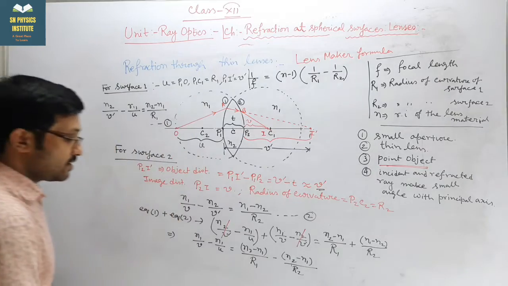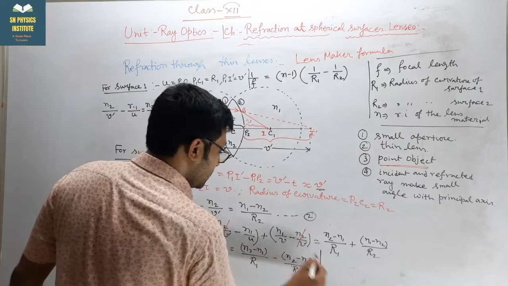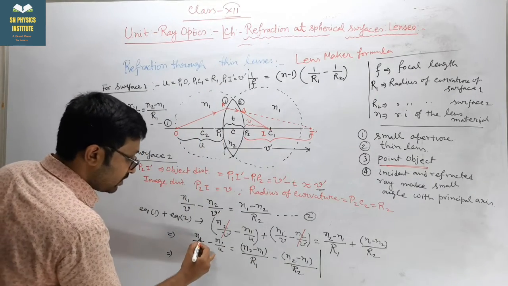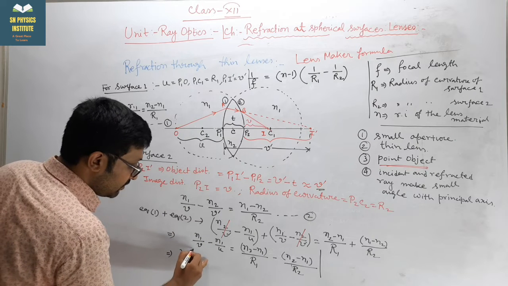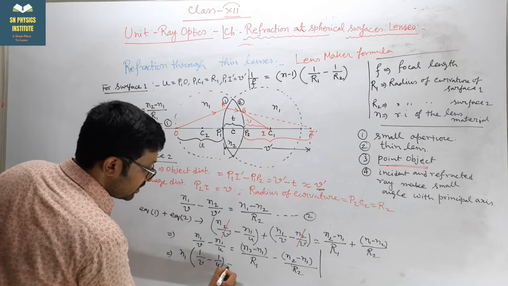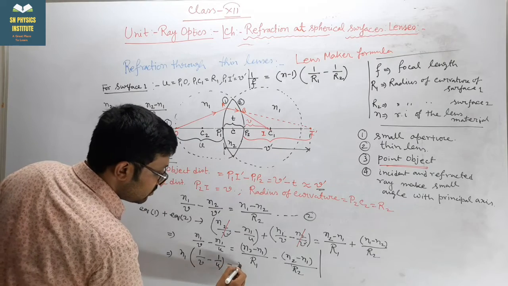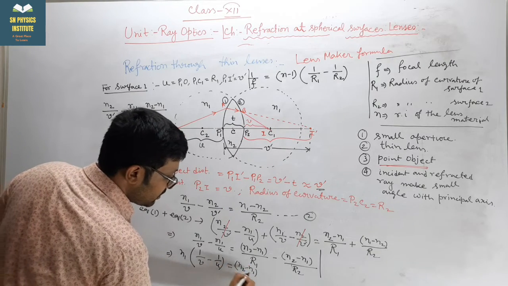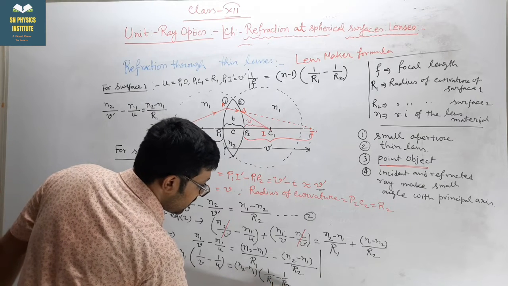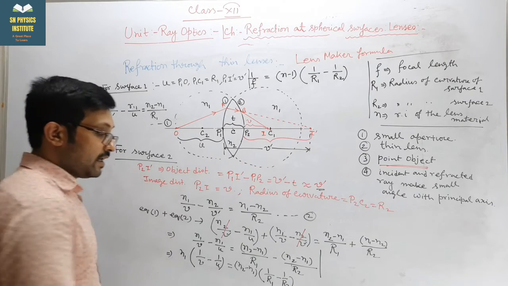If I write this equation, that is equal to n1 by n1, if you take common, then 1 by v minus 1 by u is equal to n2 minus n1 into, minus n1 if you take common, then this will be 1 by r1 minus 1 by r2. Okay, these things you can easily write.